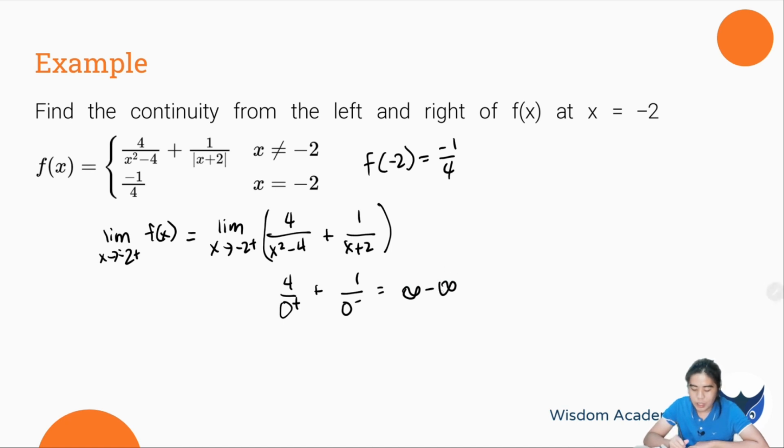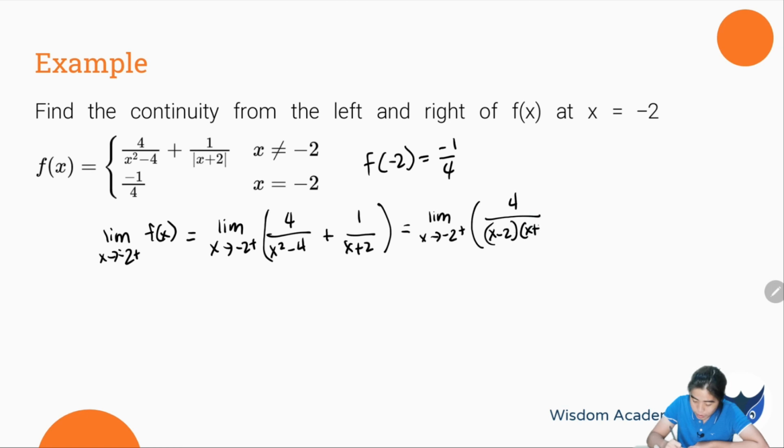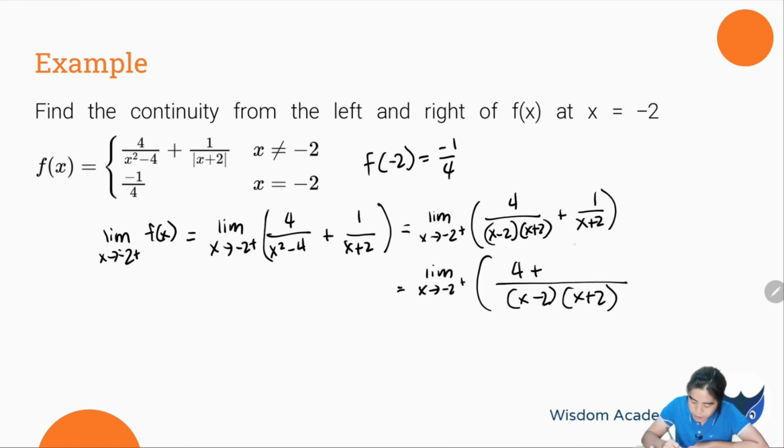So may kailangan muna tayong i-manipulate sa expression para makuha yung limit niya. Okay? So, ang pwede natin gawin ay pagsamahin yung dalawang term. So combining the terms, we can get x plus 2 instead. Now, we can cancel out x plus 2, leaving us with 1 over x minus 2.